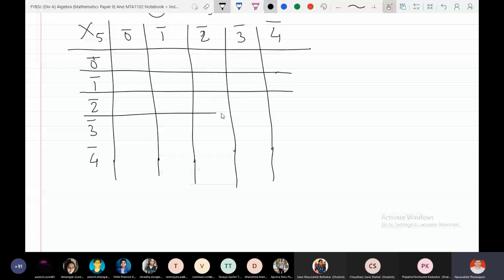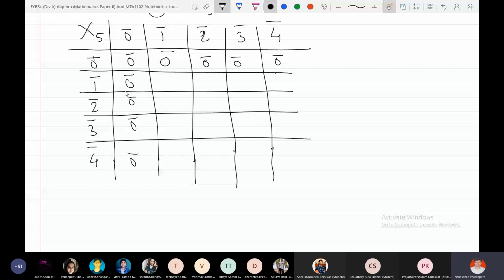Okay, now you fill the table. 0 bar multiplied with 1 bar is 0 bar, so this row is 0 and this column is 0. 1 bar into 1 bar is 1 bar, then 2 bar, 3 bar, 4 bar.